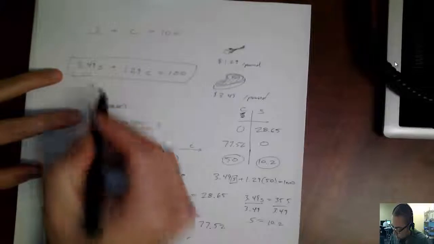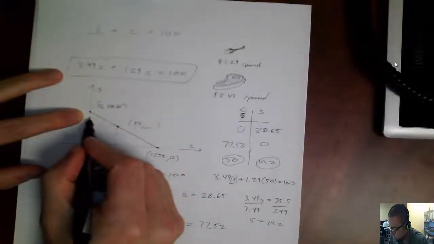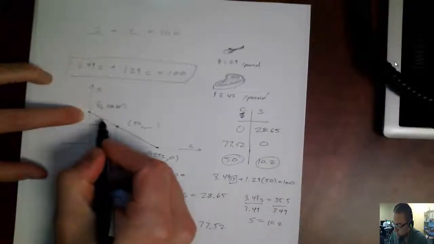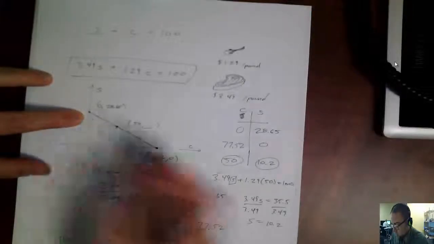So for every $3.49 pounds of chicken, it's going to go down 1.29 pounds of steak that you can buy.